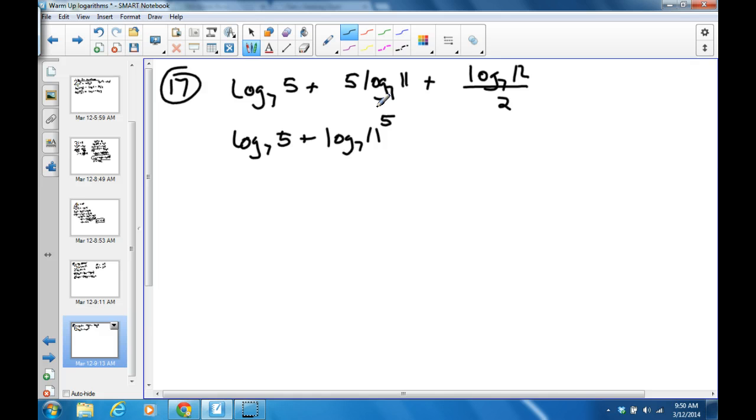Now, one thing I want to point out is that this log 7 of 12 divided by 2 can all be rewritten as 1/2 log 7 of 12. That means the same thing, right? Timesing by 1/2 is the same as dividing by 2. So now it's easier to put it into exponential form. I could say plus log 7 of 12 to the 1/2.